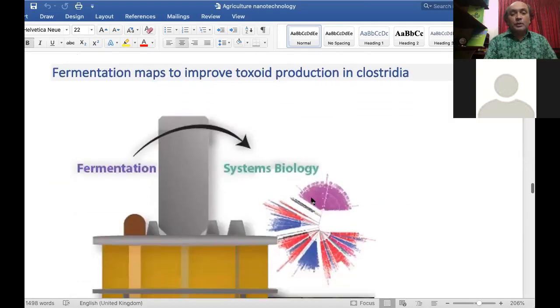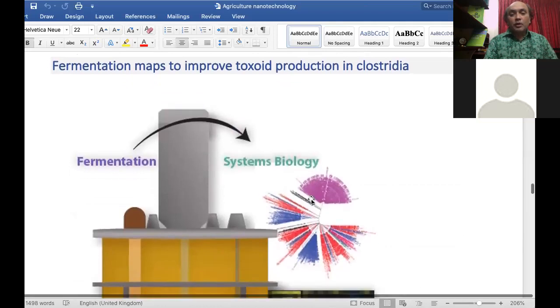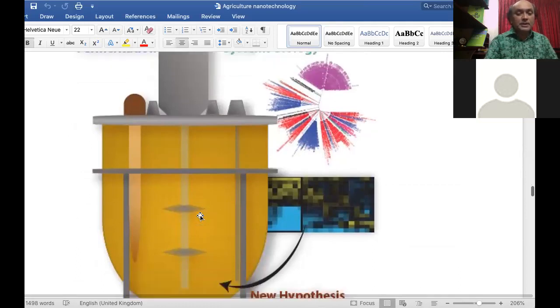Fermentation maps to improve toxoid production in Clostridia. You can do fermentation as well as the genomic system biology approaches during the fermentation, to see which genes are expressed and others.